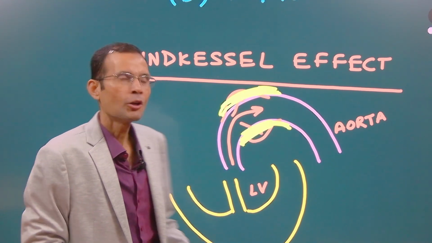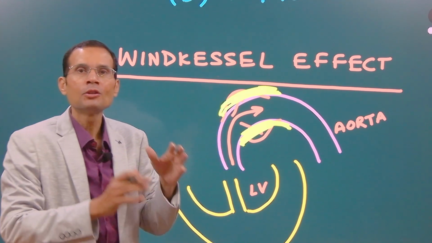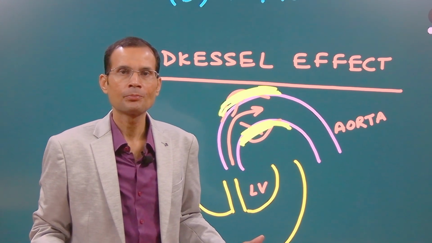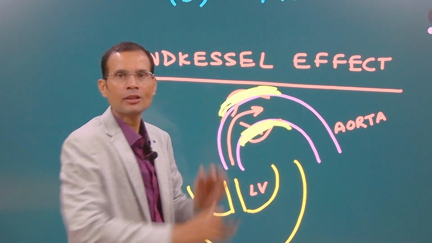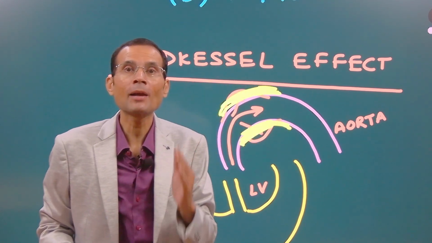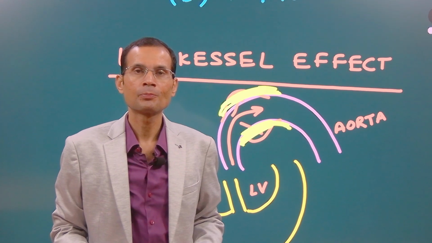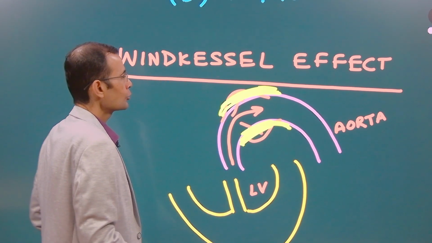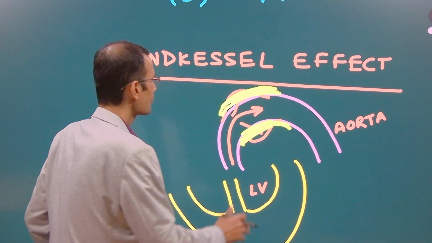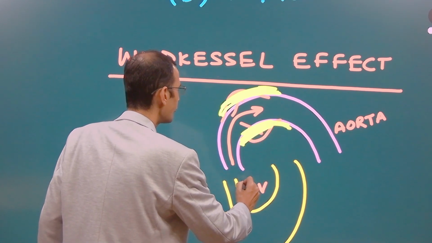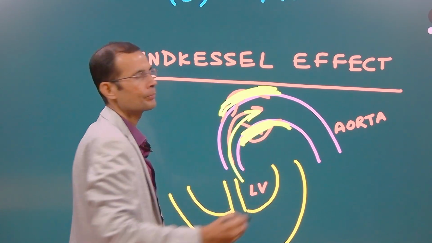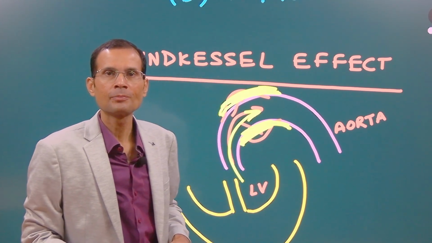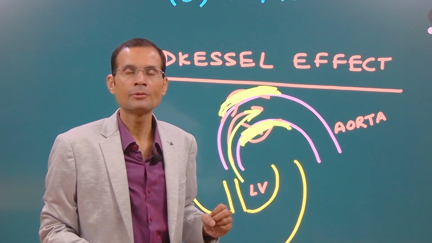It means we are not going to allow the aorta to distend with systole. We have stiffened the aorta. Aortic compliance is reduced now. Distensibility of the aorta will be less. So now when the left ventricle ejects the blood during systole, the aorta cannot distend and accommodate that blood.